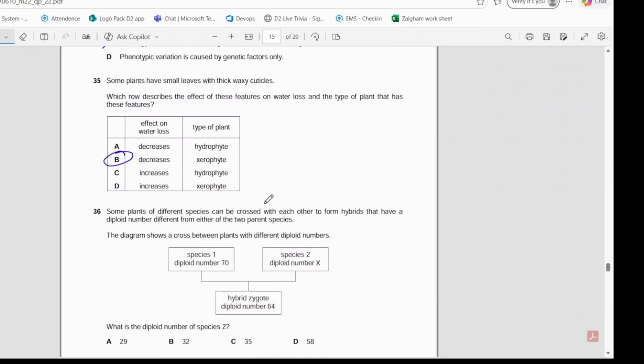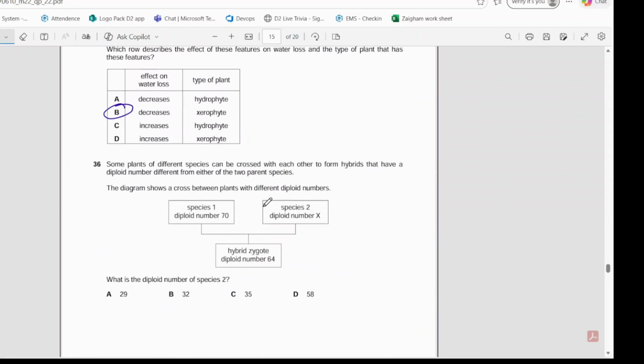Some plants of the same species can be crossed with each other to form hybrids. So there is species 1 and then there is species 2. It has 70 chromosomes. You have to find how many chromosomes are there. But the other species had 64. Let's say what is the half of this? 35, right? And we need a half of this as well. 64 minus 35 is 29. 29, right?